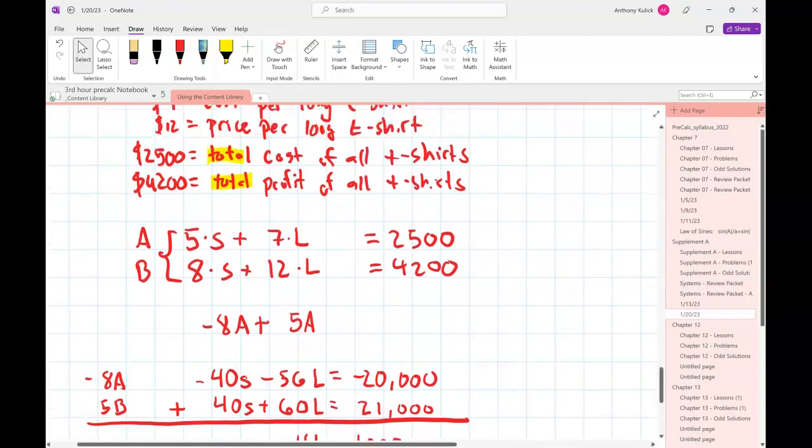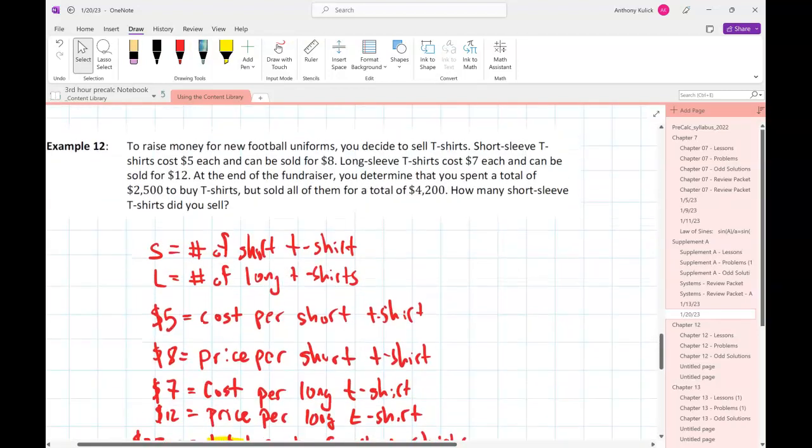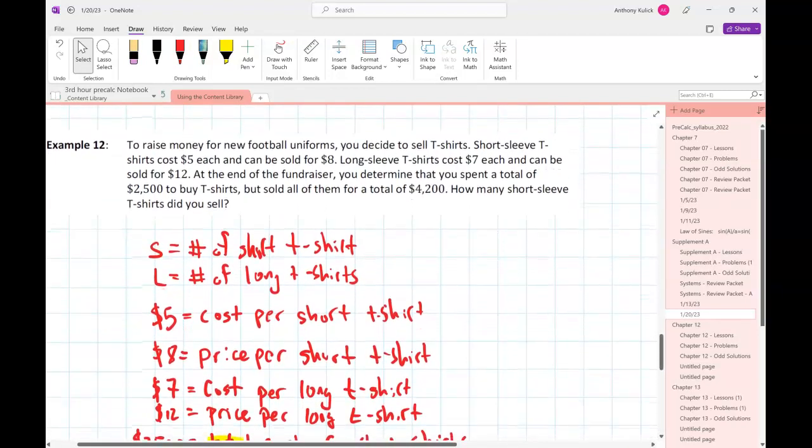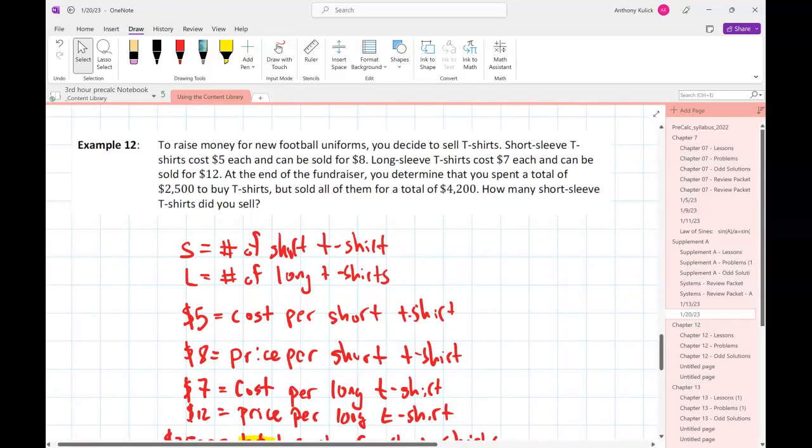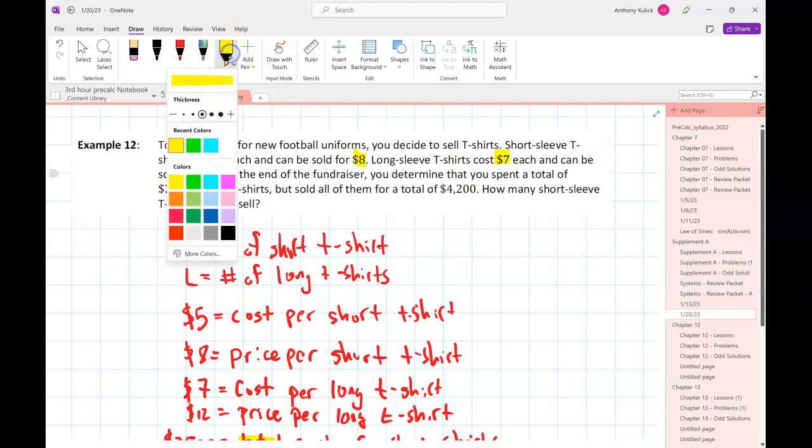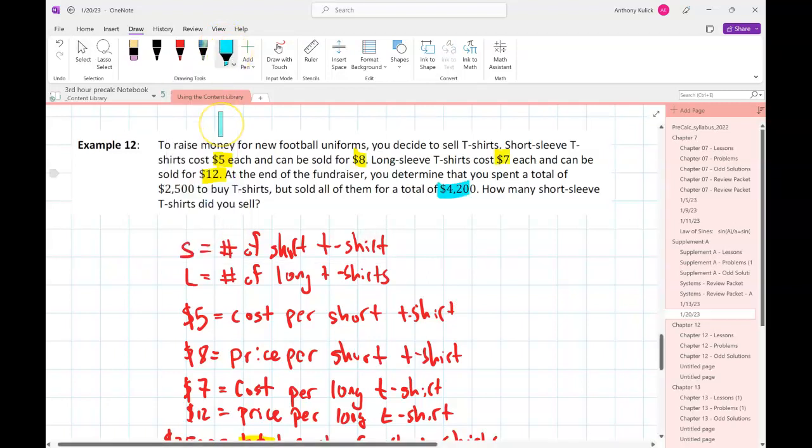The format of this story problem is super duper common, where you're given 4 rates and then 2 totals, where your variables are quantities. Because I know rate times quantity gives me total, right? So that's a very, very common setup for this kind of solving a system story problem.